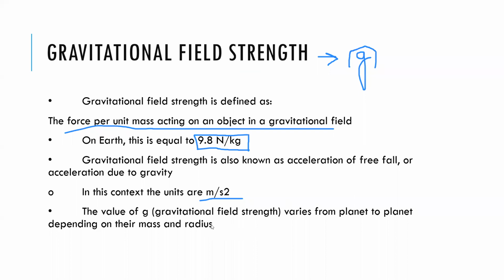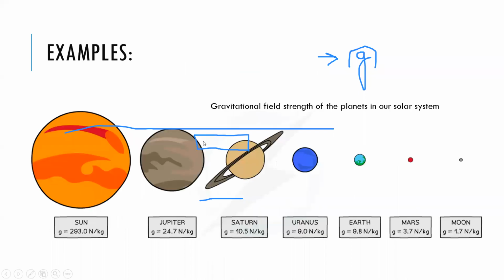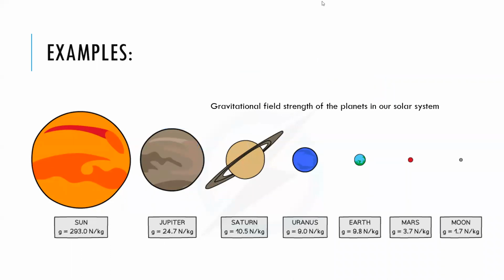These are the factors which influence g, the gravitational field strength. Here you can see various planets: the higher the mass of the object, the higher the gravitational field strength. Always remember, this is quite important. Here you can see that Uranus is bigger than Earth, but its gravitational field strength is smaller as the distance from the sun is quite far.